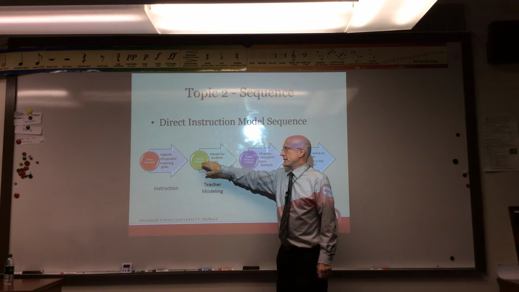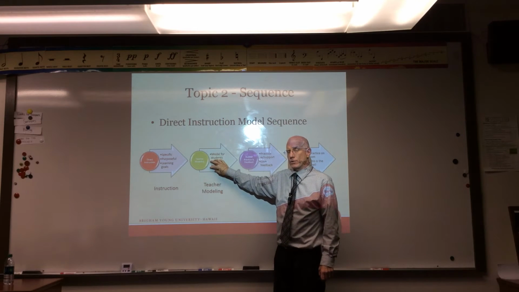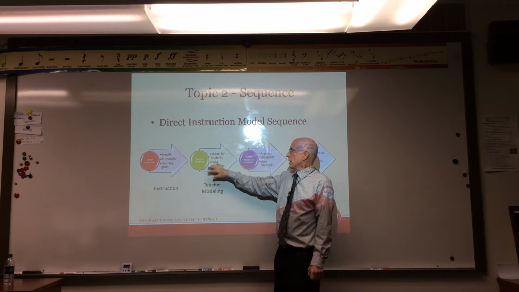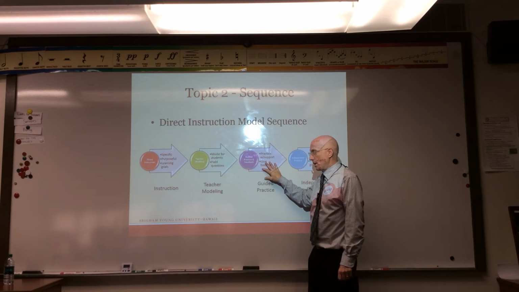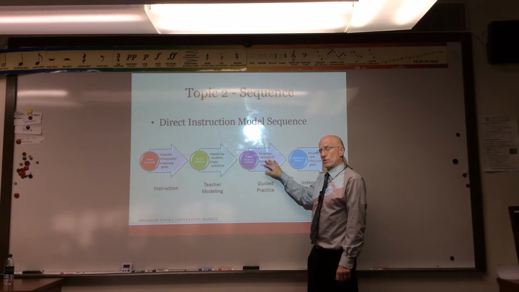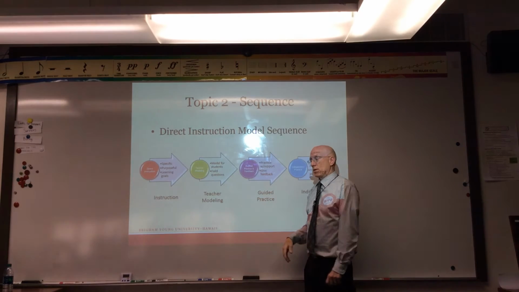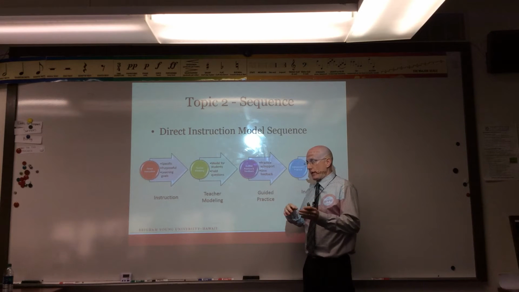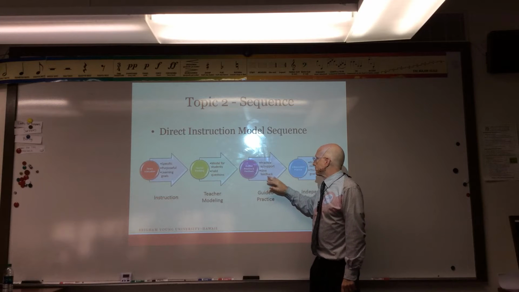The second thing you do is teacher modeling. The teacher will model the skill, how to do it correctly. Okay? Next, guided practice and feedback. The student or learner will practice with support, with other students in a group, with teacher interaction, back and forth. The teacher provides feedback.